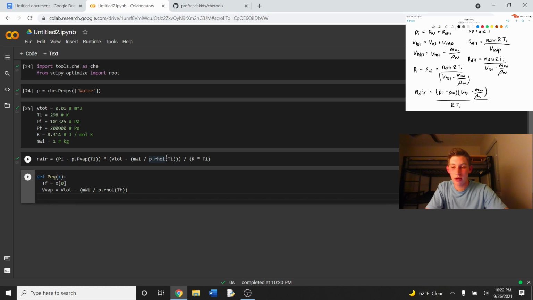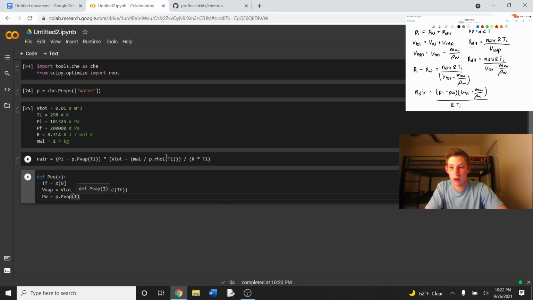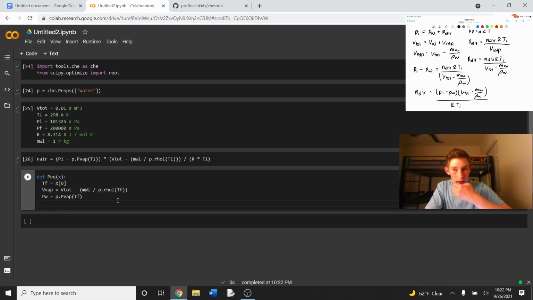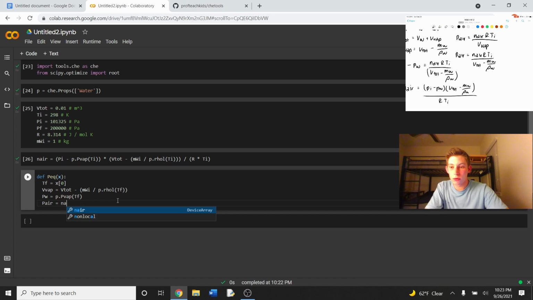Next, we're going to say that the pressure of water we can get here by saying P that at our final temperature, and that our moles, our pressure of air equals the moles of air.